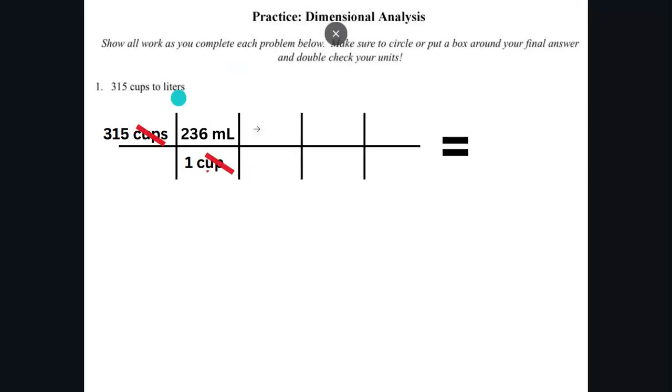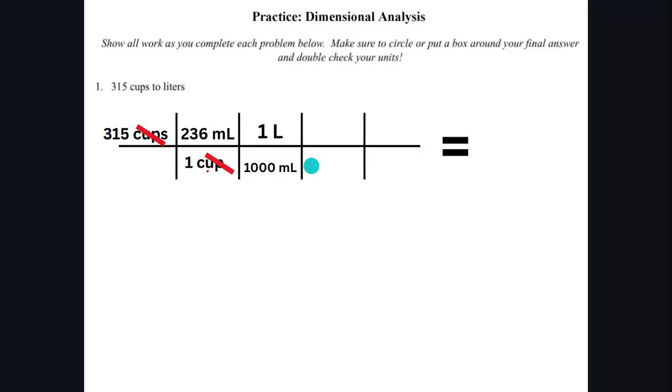What do I bring now down here to this last one? My milliliters. So I bring down milliliters. Let's look at our conversion chart. Do we have a direct conversion from milliliters to liters? We do. We have 1,000 milliliters is the same thing as 1 liter.